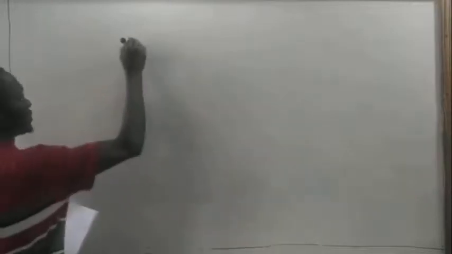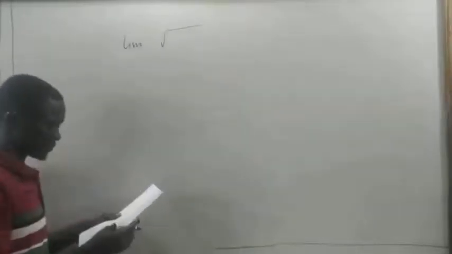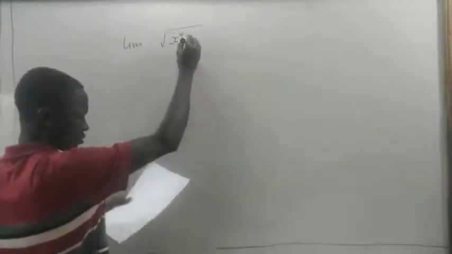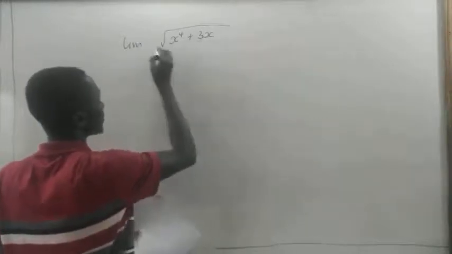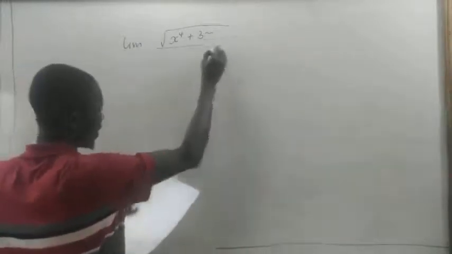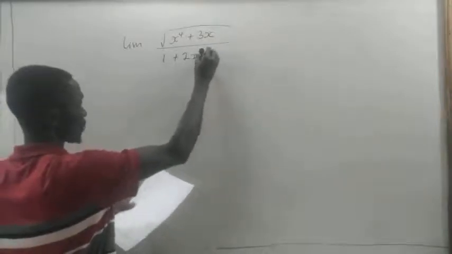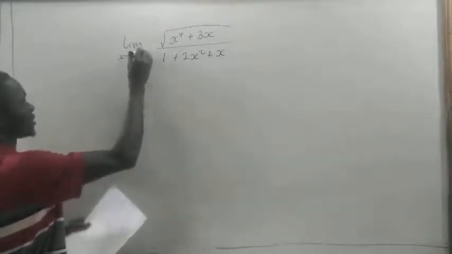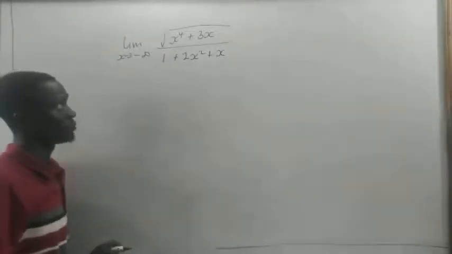If we take the limit, square root of x to the power 4 plus 3x, divided by 1 plus 2x squared plus x, as x approaches negative infinity. Now how do we solve this one?